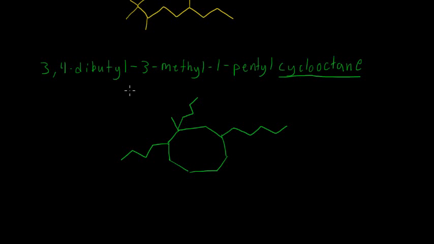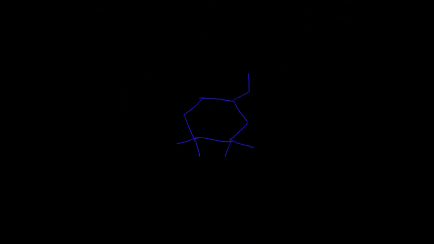It looks kind of intimidating when you see that, but once you break it down, it's really not too bad to draw, and getting all of this practice in definitely does help. So now we have this compound right here. First thing we can do is identify that it's a ring, and we see that there's 1, 2, 3, 4, 5, 6 carbons in the ring, and there's no alkyl groups that have more carbons than the ring, so the ring is going to be the backbone.